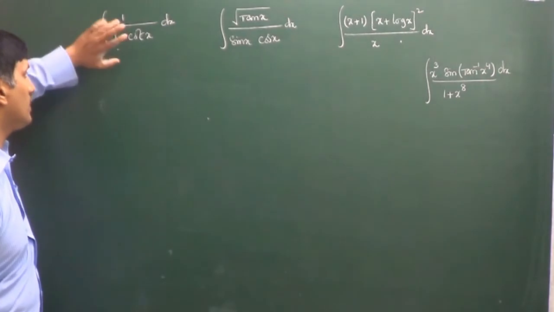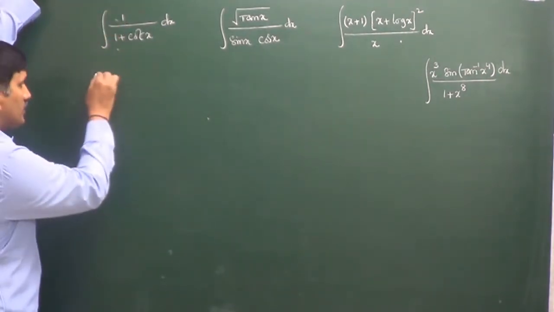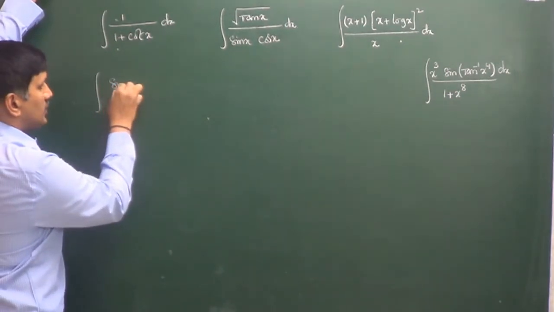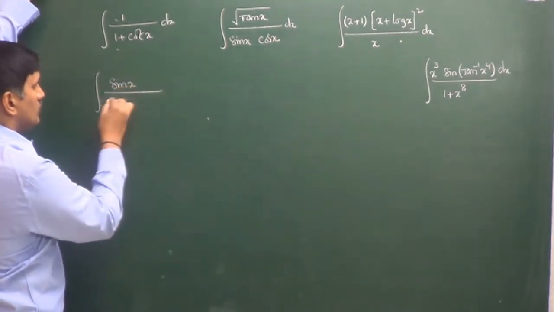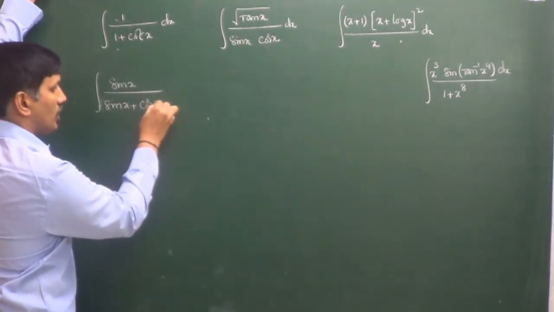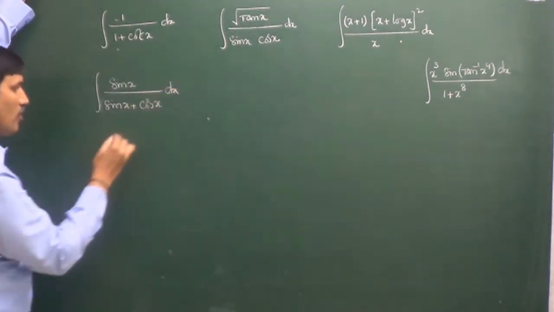Integration of 1 by 1 plus cot x. Take care while doing this problem. We can write it as sin x divided by sin x plus cos x. All of you observe here how I am doing the modification.